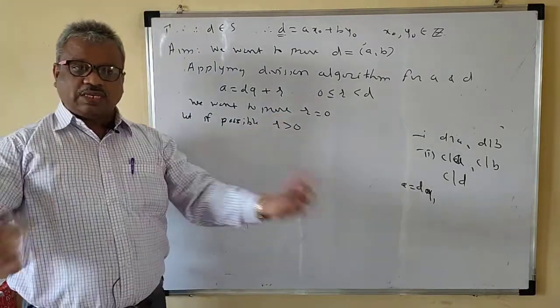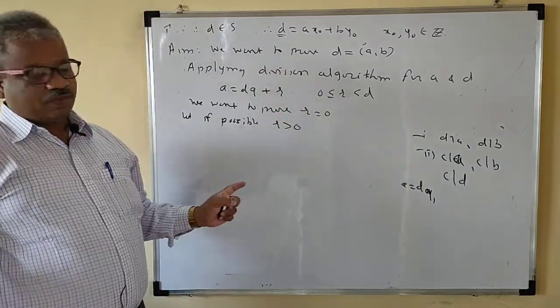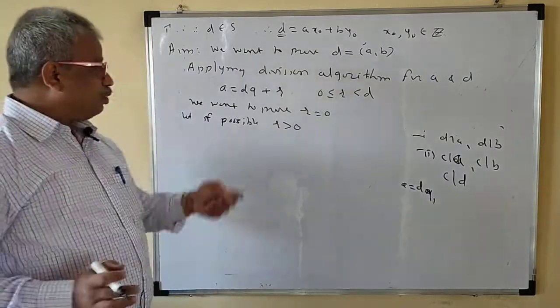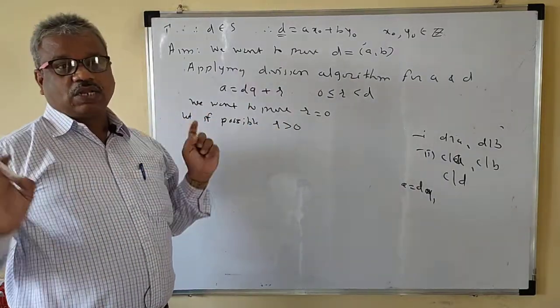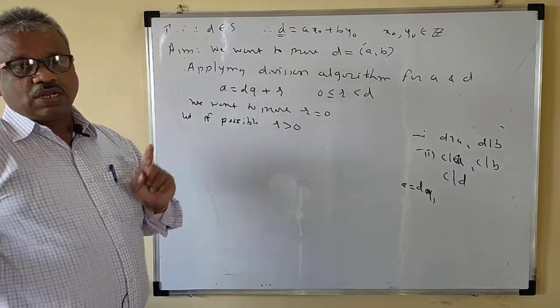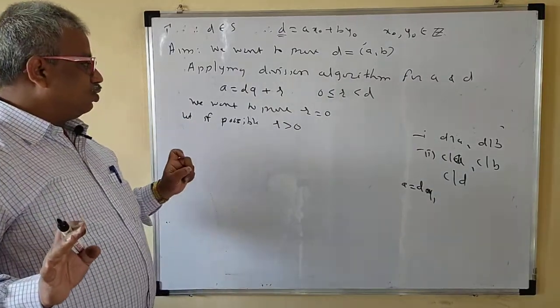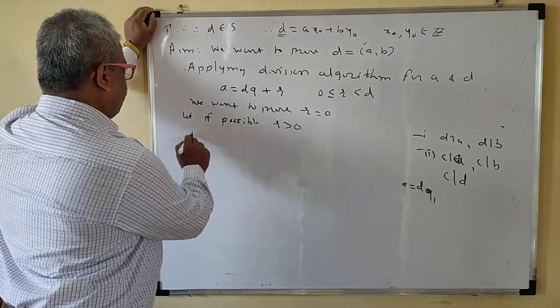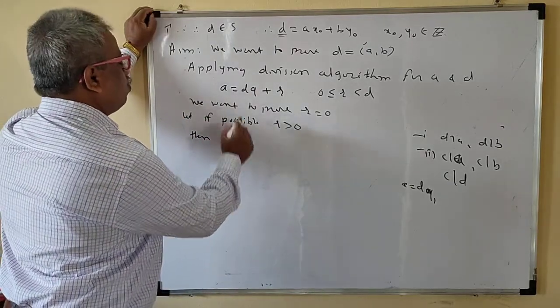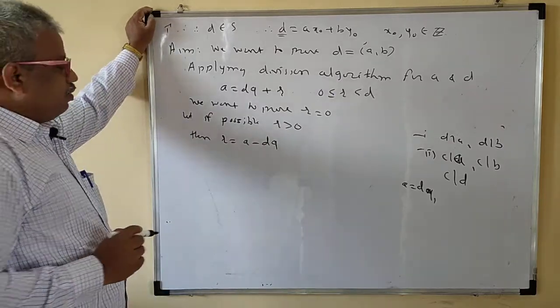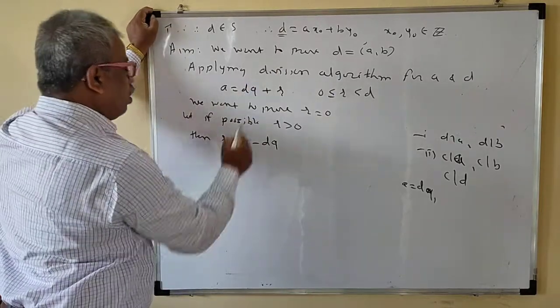That means our assumption is R not equal to 0. Then R is equal to A minus DQ. So now we will put the value of D here.